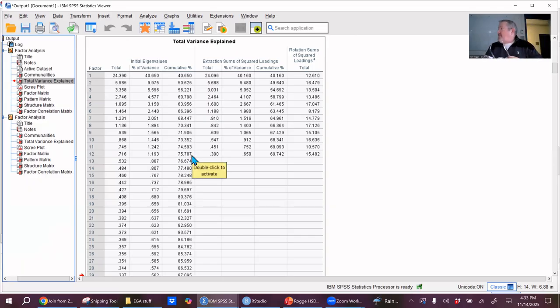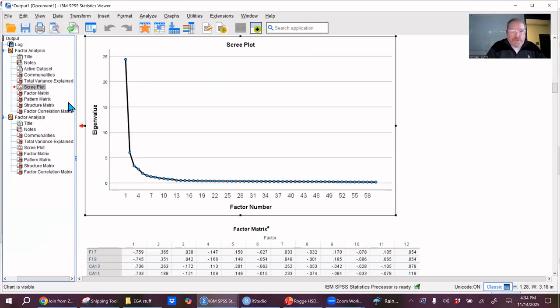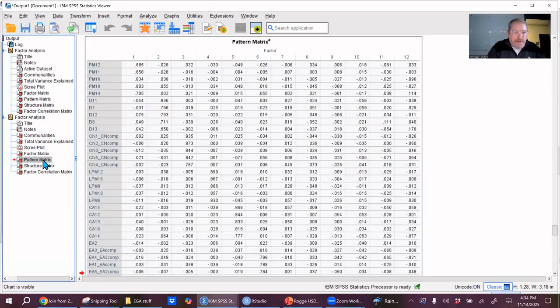For the people back there, I'm sorry, I know it's teeny tiny numbers. It also shows you all 60 eigenvalues extracted. Here's the scree plot for that, which I just showed you on that other slide. And this is the pattern matrix that I pasted into Excel and then did that fancy formatting on.